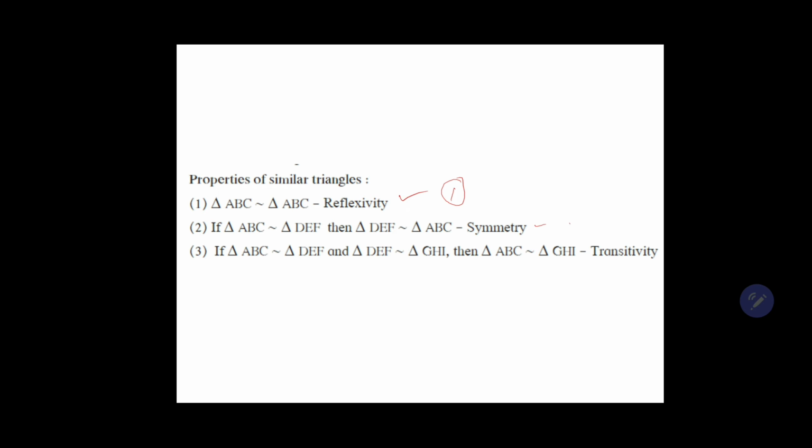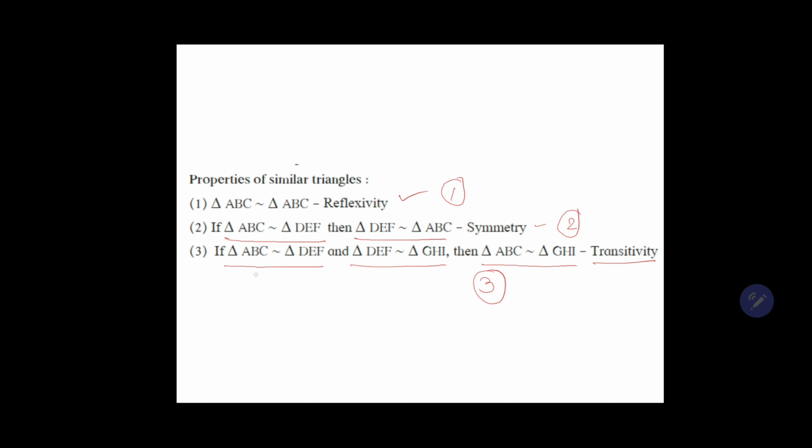The second property is about two triangles. That means if the first triangle is similar to the second one, then the second is similar to the first one. That is, if triangle ABC is similar to triangle DEF, then triangle DEF is also similar to triangle ABC. And the last property, transitivity, is about three triangles. That is, if triangle ABC is similar to triangle DEF, and triangle DEF is similar to triangle GHI, then triangle ABC is similar to triangle GHI.